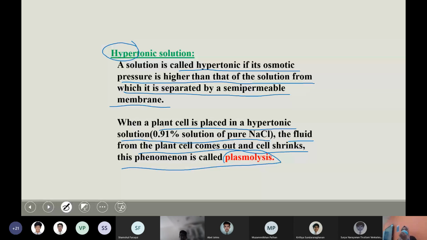From that fruit, the water is coming out, because outside the concentration is more. High concentration of NaCl, that is what brine is, a concentrated sodium chloride solution. That was one way of preserving different types of vegetables and fruits, to keep them in brine. Hypertonic solution is always paired with the hypotonic solution.